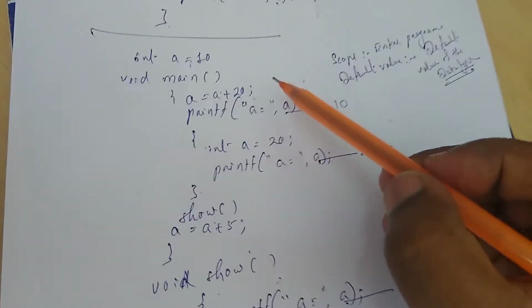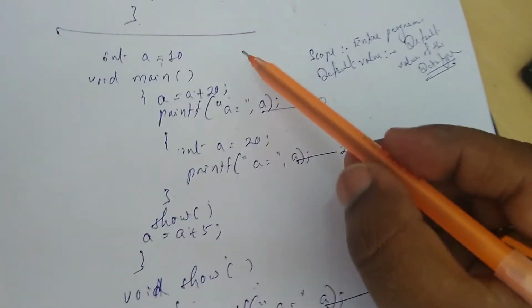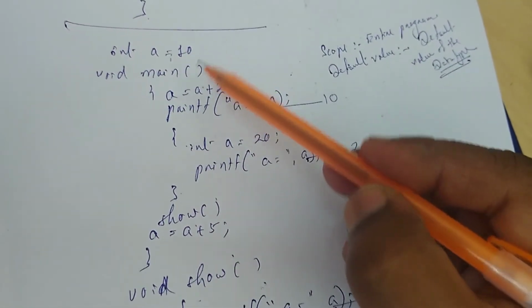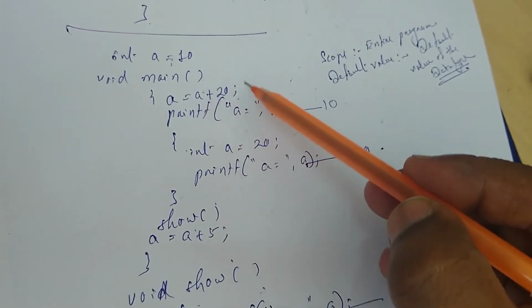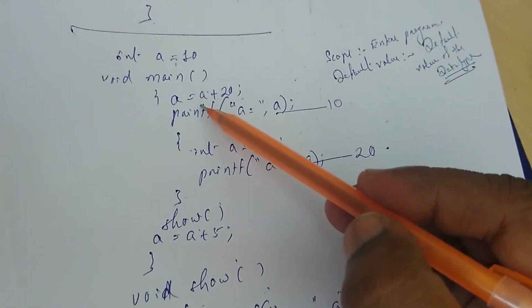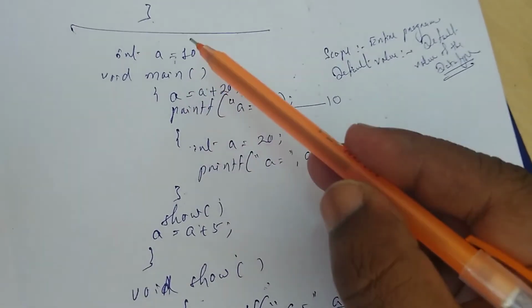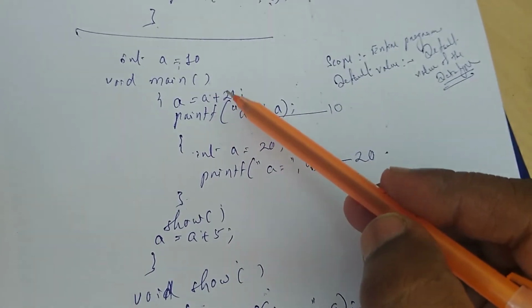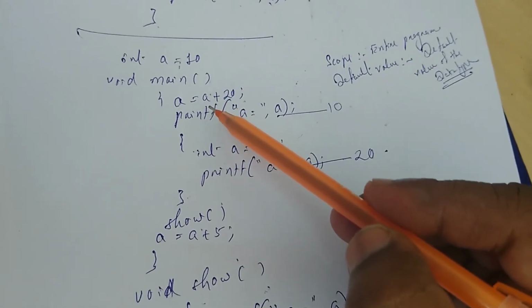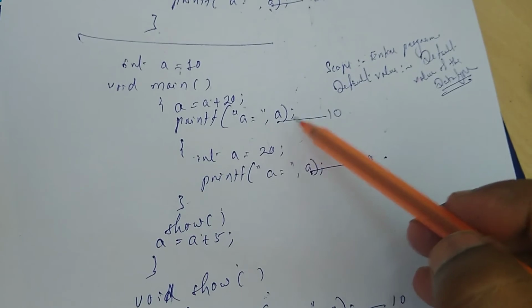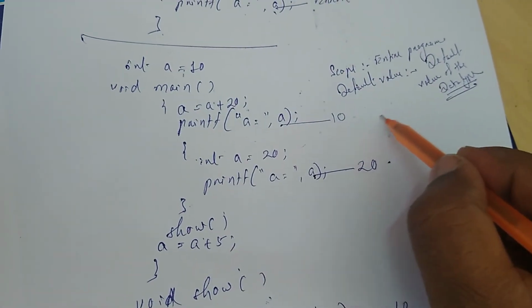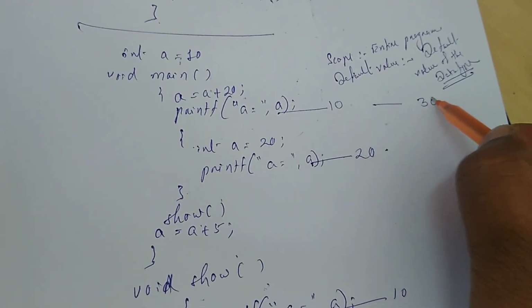So if you modify this, a equals to 10, so inside it a equals to a plus 20. Yes, it accesses the global variable, so the global variable value becomes 10 plus 20 equals to 30, as there is no local variable. So now when you print, the value will be 30.